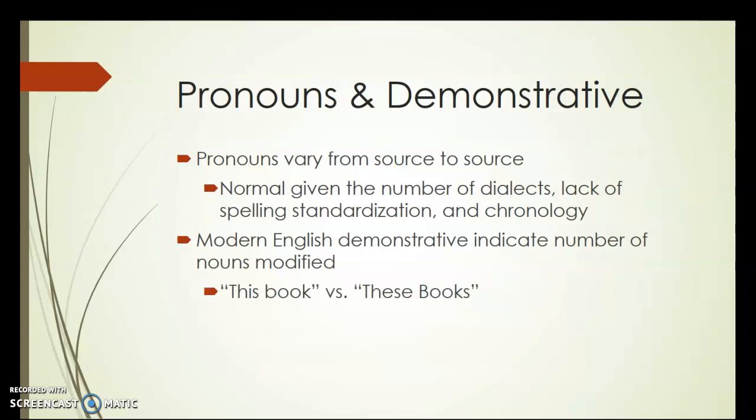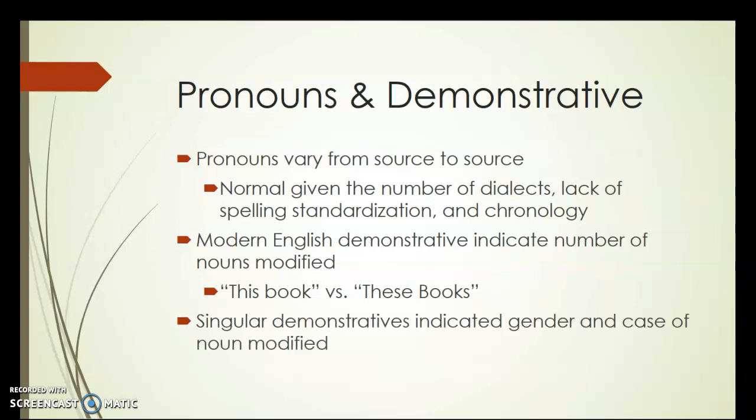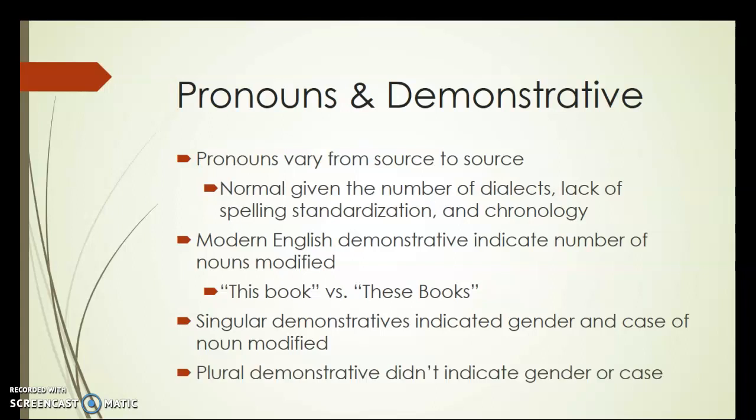For example, this book versus these books. Even without the S ending to pluralize the noun books, this and these tell us if the object is singular or plural. Okay. Singular demonstratives told us the gender and case of a noun modified. But plural demonstratives didn't indicate either gender or case. Okay, moving on. I know it's a lot, I'm so sorry.